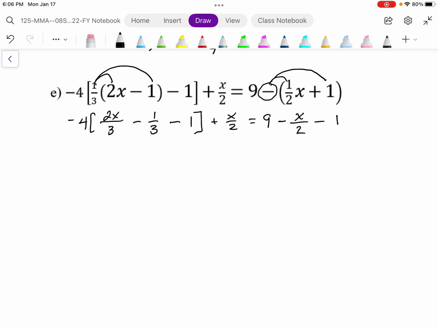Okay, so I've gotten rid of the inside brackets on the left side. I'm going to continue distributing this. When I distribute, all the times goes on top. I can distribute across this subtraction here and here. So that's okay to distribute across plus and minus. I cannot distribute across times though. So we end up with 8x over 3.